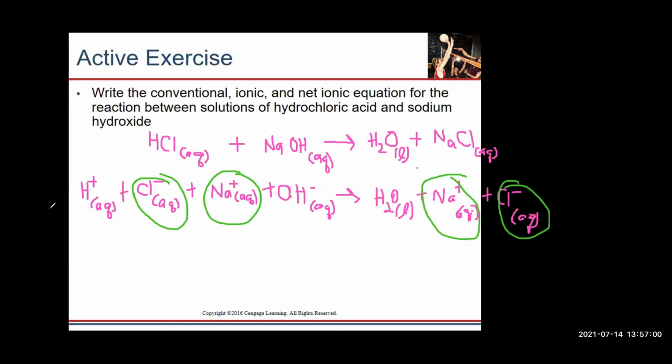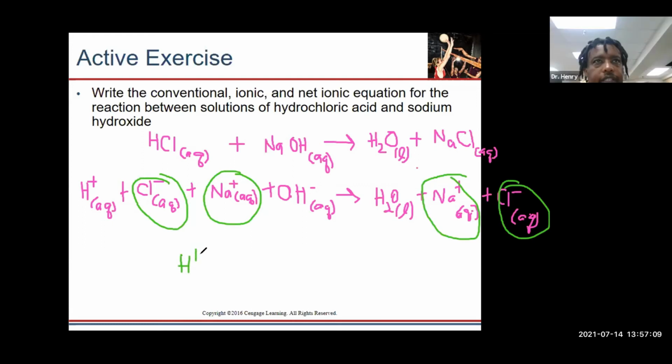So our net ionic equation is just going to be H plus aqueous plus OH minus aqueous, and that's going to yield H2O. Okay, and that's liquid.